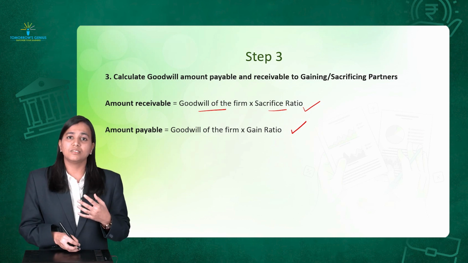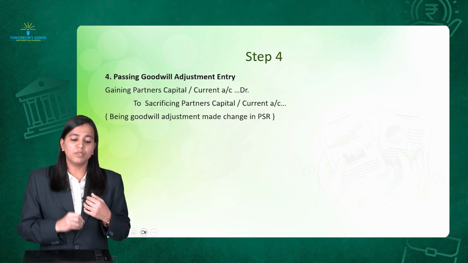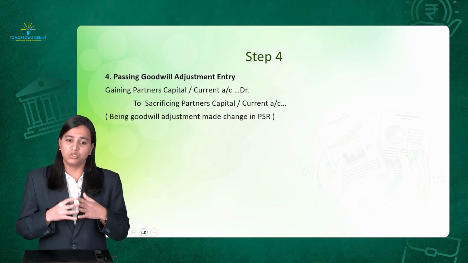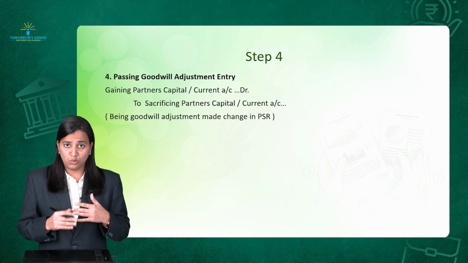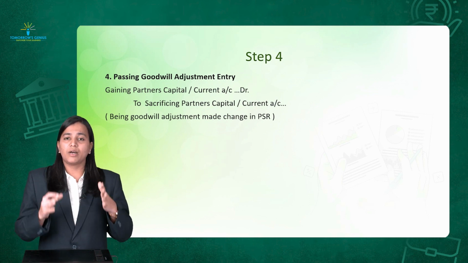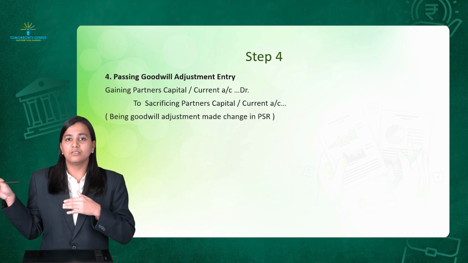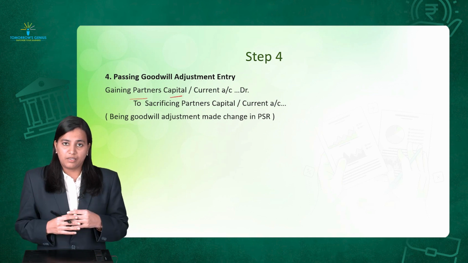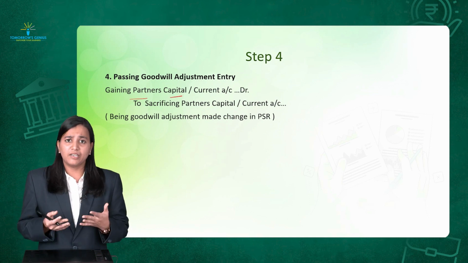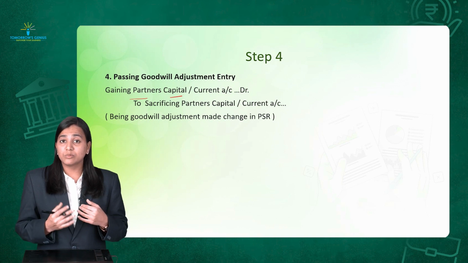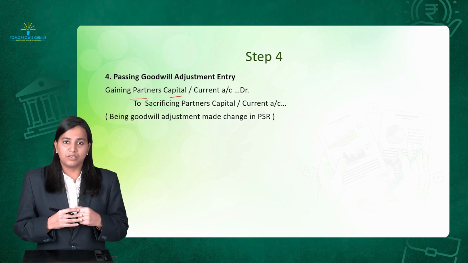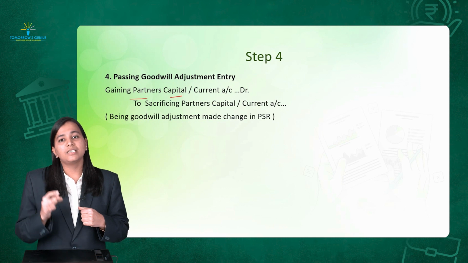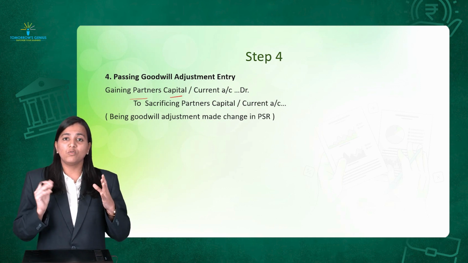Finally comes the journal entry. Step number 4, you need to pass the journal entry. As I told you just now, the gaining partner is going to pay money to the sacrificing partner. So, the gaining partner's capital or current account will be debited. Why current account? They might be following the fixed capital method, so you need to debit the current account instead of the capital account.